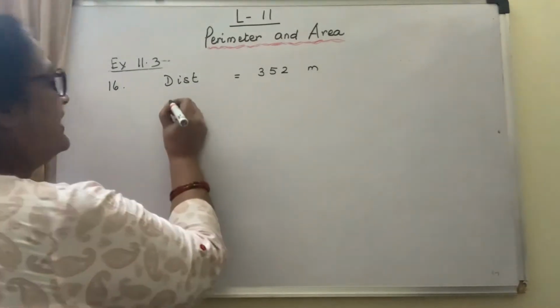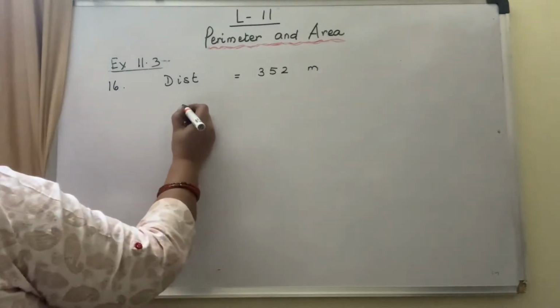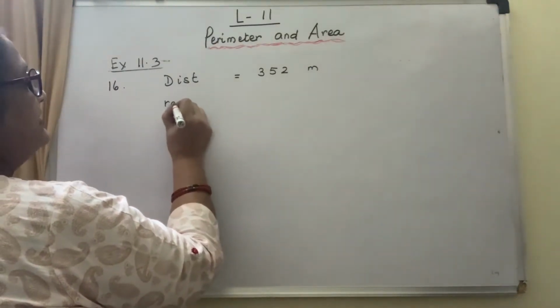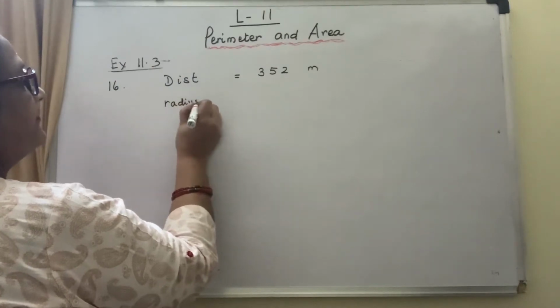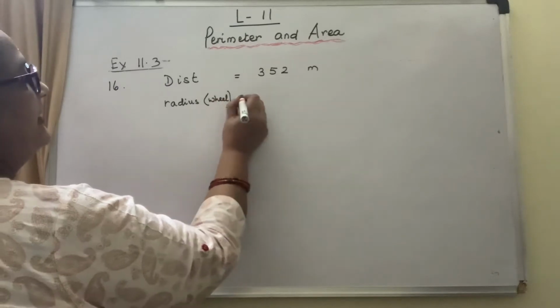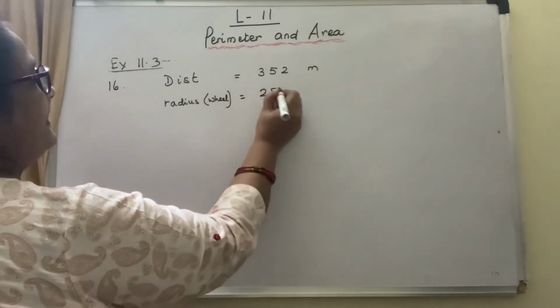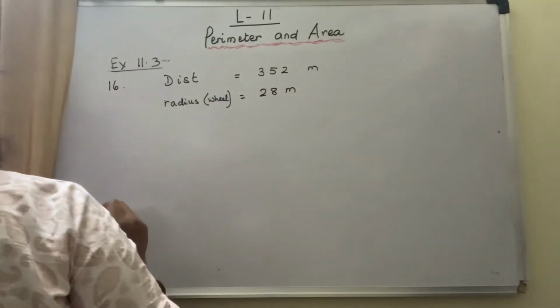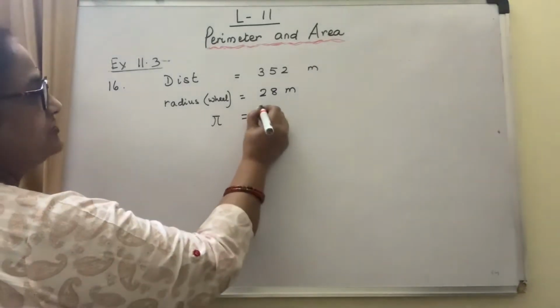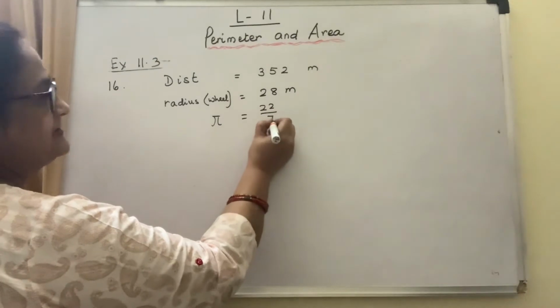Now, what else is given? The radius of the wheel is given as 28 meters. Pi is also given, which is 22 by 7.